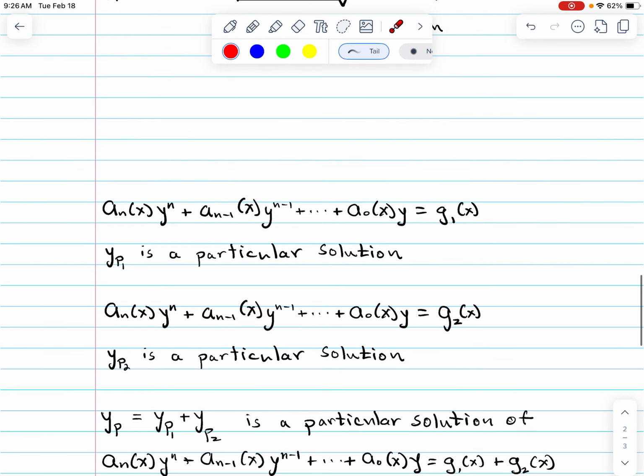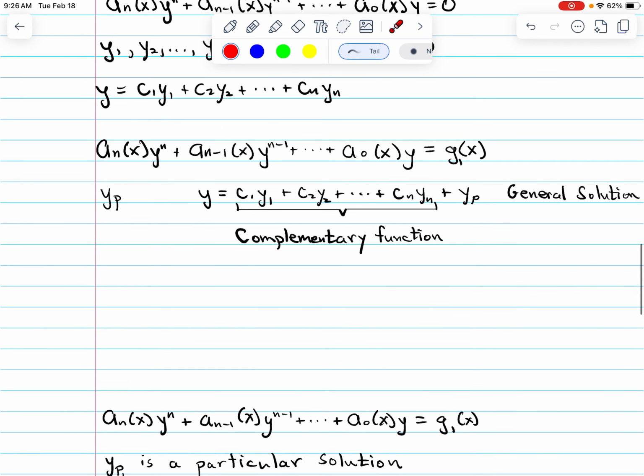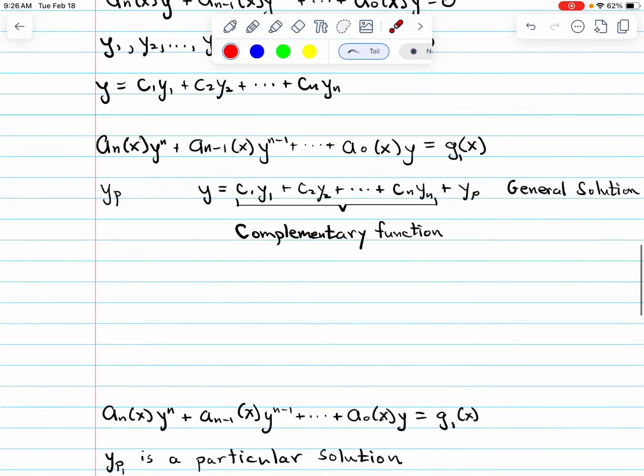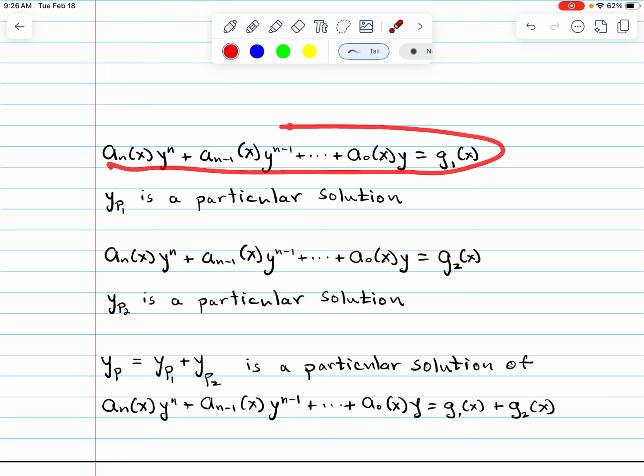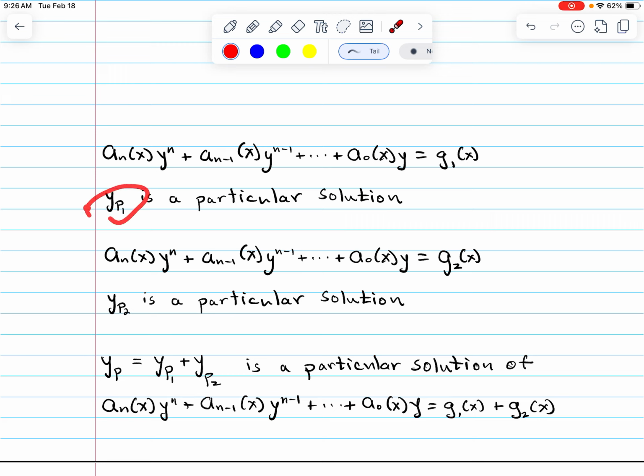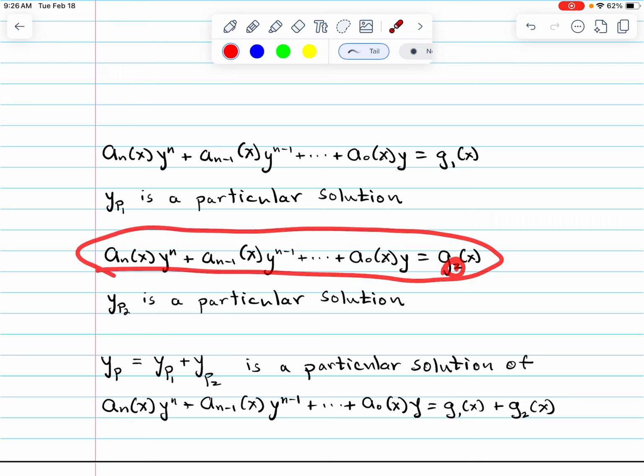Now, let's go to the next thing. So this is what we know, okay? If we have solutions to homogeneous and then a particular solution, we can form a general solution this way. Just add them. Now let's suppose I've got a non-homogeneous equation here with this as a particular solution. I've got another one here, notice G sub 2, with this particular solution.